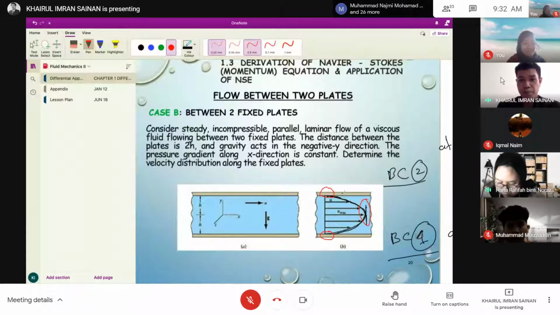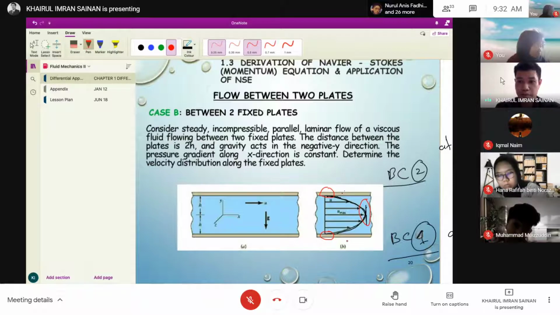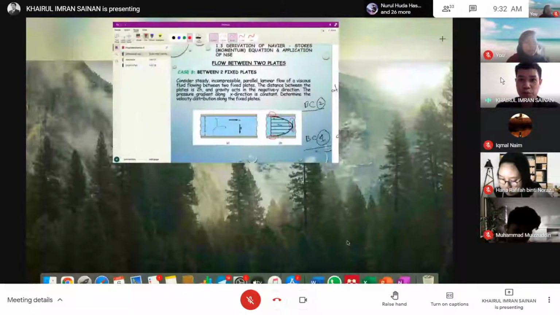This one is a fixed plate, right? U equals 0, because the plate is fixed, correct? So there is no fluid just near the plate at the bottom. Right, very good. So that is BC number 1. Thank you, Hannah. All right, BC number 2.